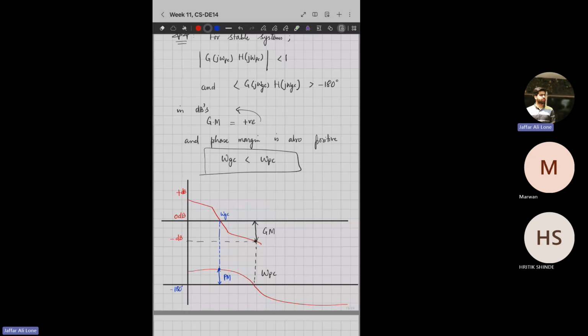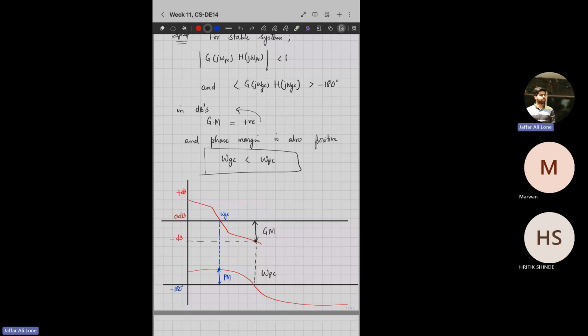So that's what I have said. When my gain margin is 0, it means this will be here, somewhere here, right? I'm not going into the details. I don't know whether this is covered in your lectures or not, but just for the time being, remember that when you have gain margin below 0 dB, that's actually for sure, because gain margin is 20 log of 1 by x, where x is the magnitude.